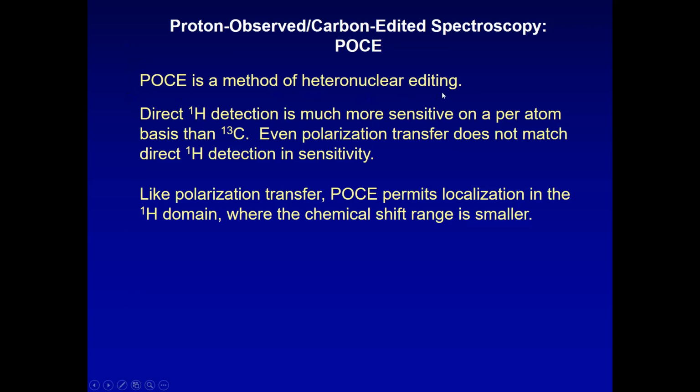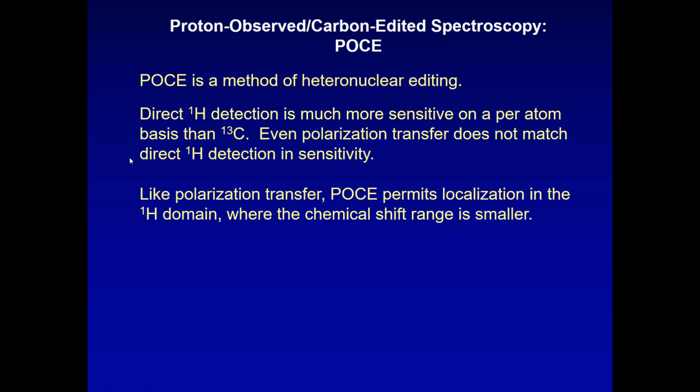In another lecture, we discuss homonuclear editing, say for detecting lactate or GABA. This follows the same principles, but it's heteronuclear. So we are perturbing carbon-13 and looking at protons. The direct proton detection is much more sensitive on a per atom basis than carbon-13.